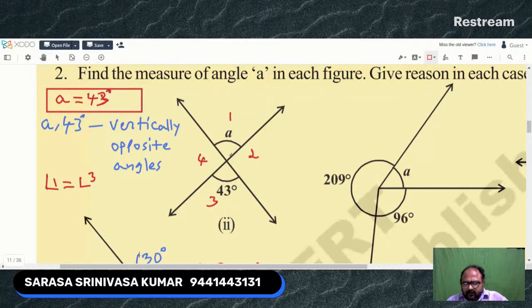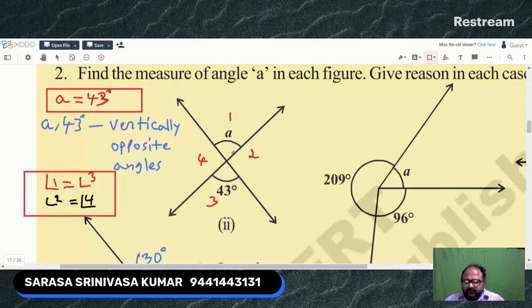Now, angle 1 equal to angle 3. And what is the next pair of angles which are vertically opposite angles? Angle 2 equal to angle 4. These are vertically opposite angles.